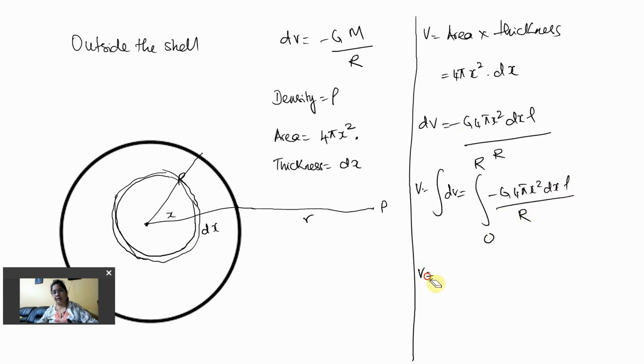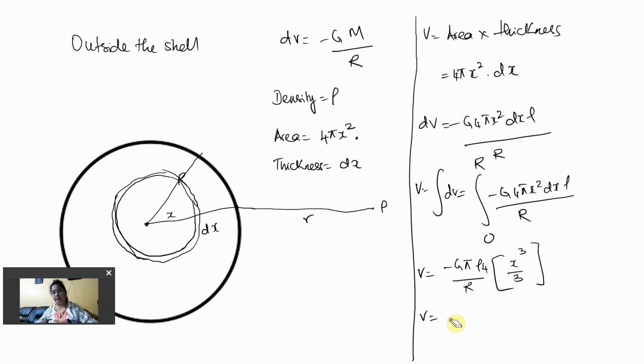So minus G 4 pi rho by r is a constant, and x square on integrating is going to be x cube divided by 3. Sorry, I missed a 4 here.